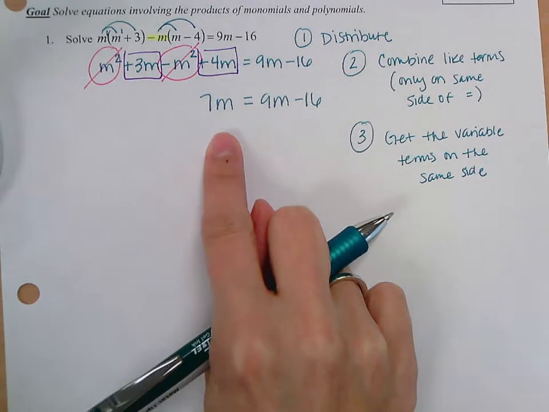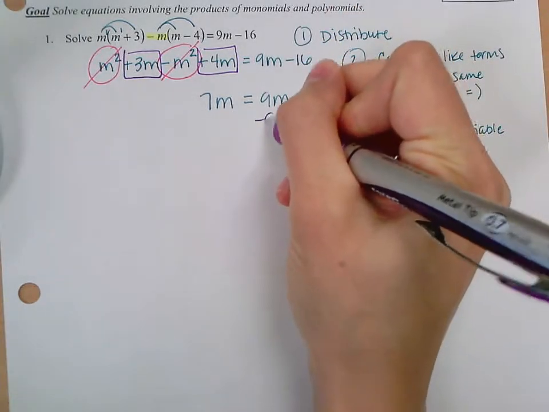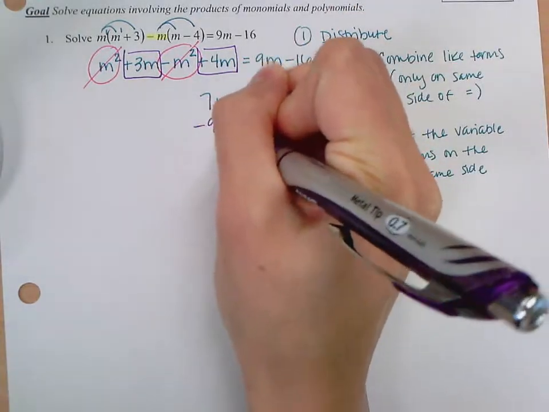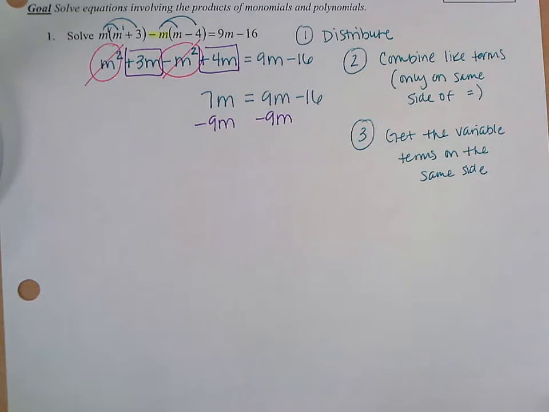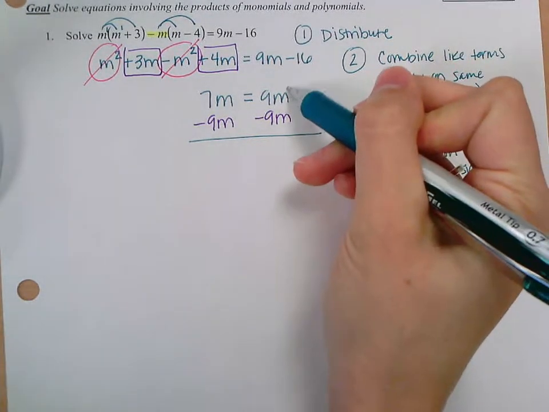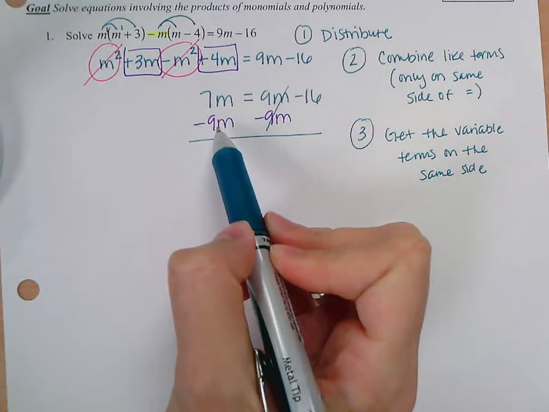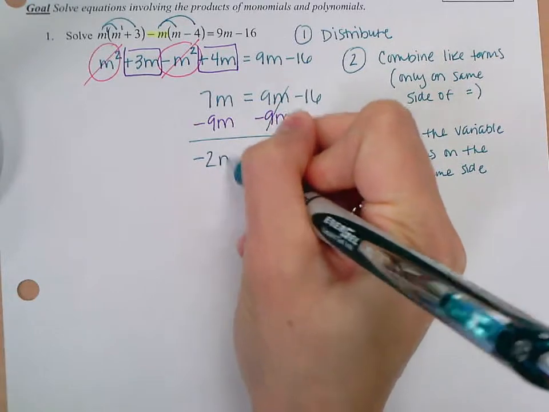Divine? Subtract the 9m, yes. Okay, so then it cancels out on the right side. Over here I have 7m minus 9m. It's negative 2m.